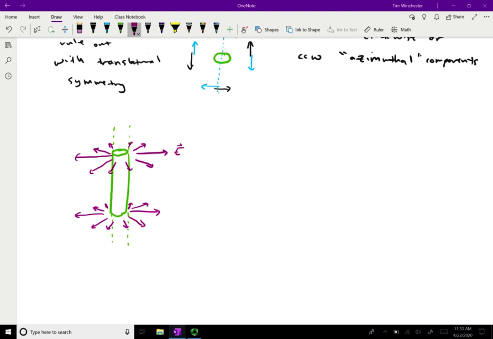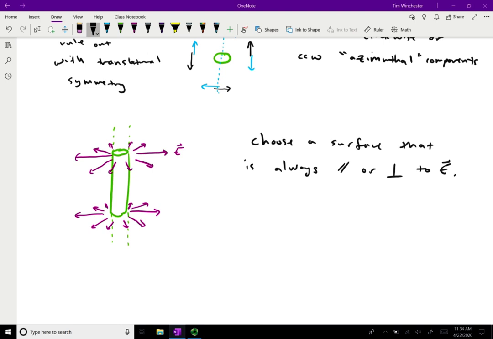Okay. So now what we want to do is figure out what is the magnitude of the electric field using Gauss's law. Remember, what we're trying to do when we use Gauss's law is we want to come up with a surface that is always either parallel or perpendicular to the electric field.